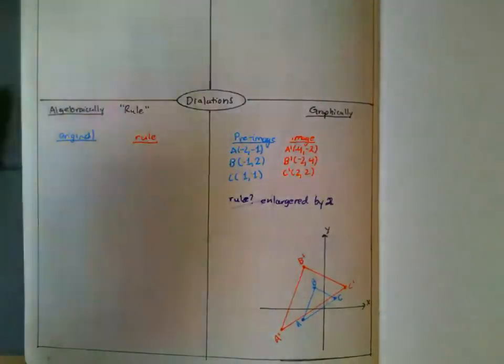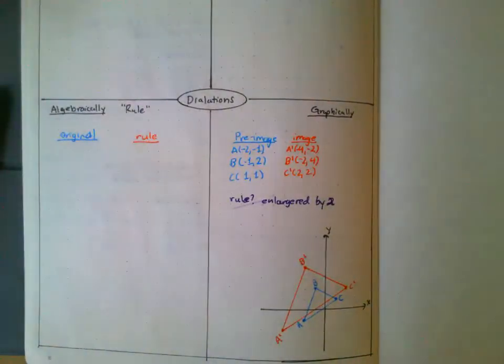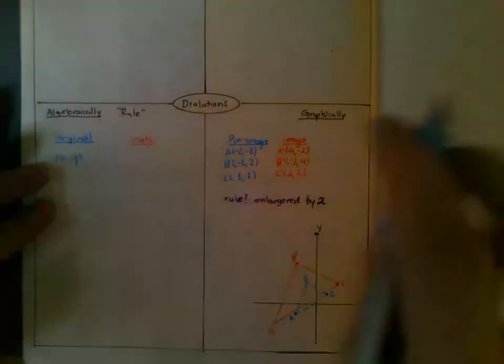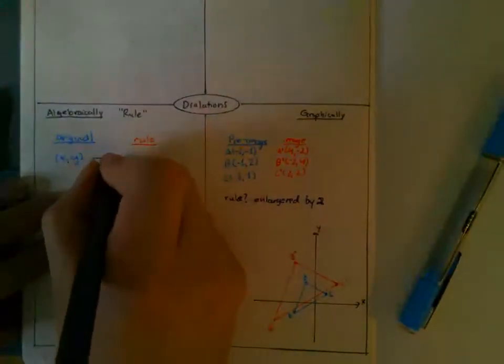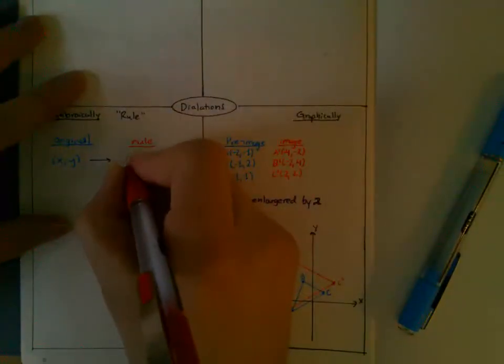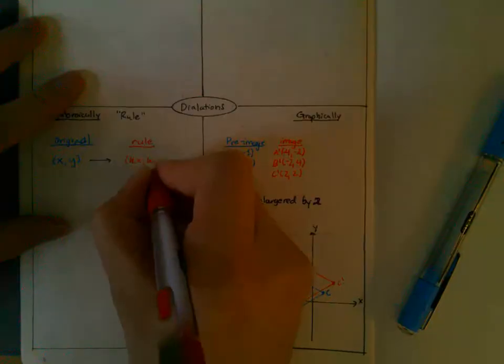The original is x, y, it hasn't changed at all. In order to get what we need, the rule is kx, ky.